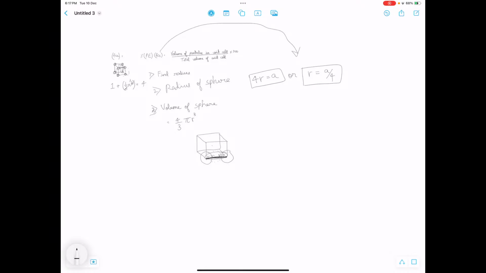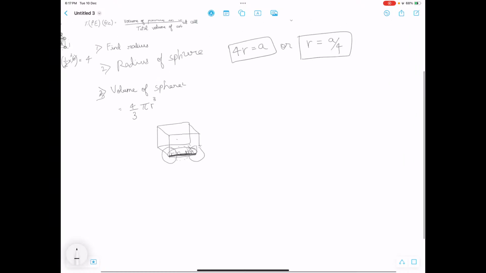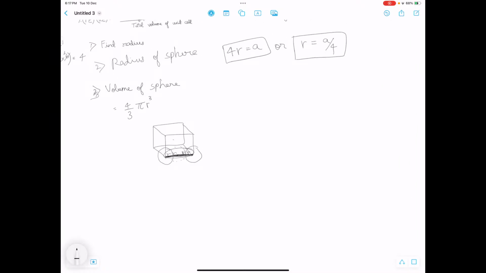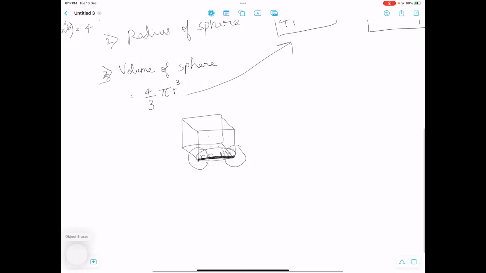Remember, FCC. So now applying this in this formula, we get 4 by 3 pi.